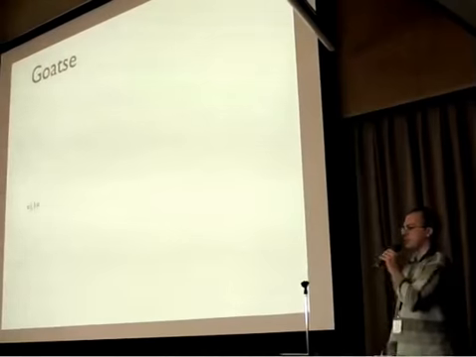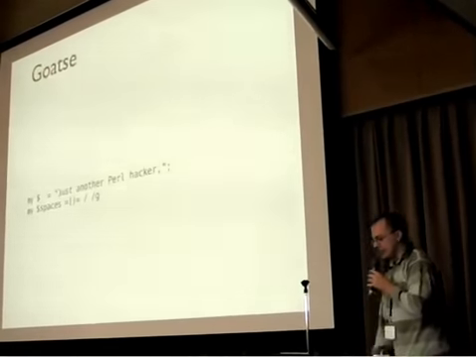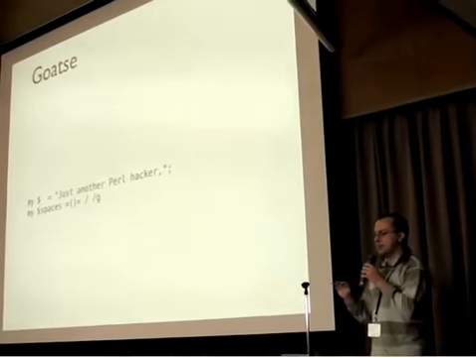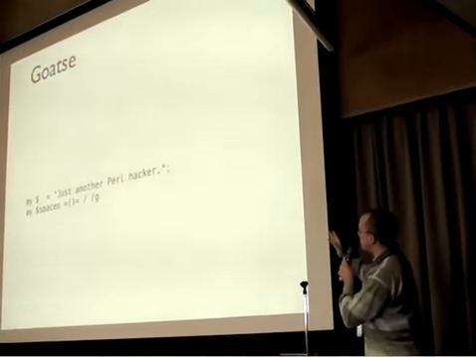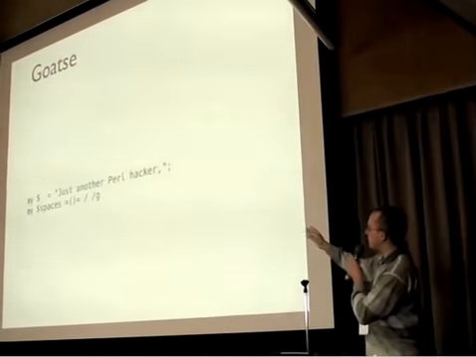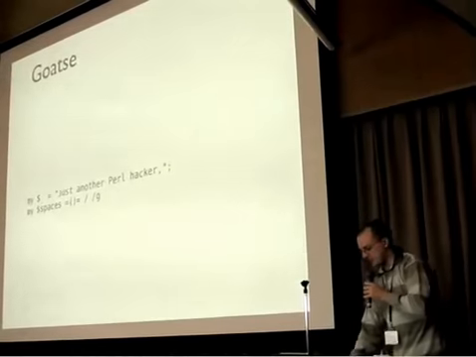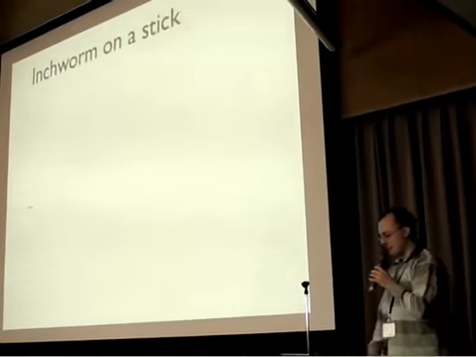The Goatse operator. Because it forces list context, it can be really, really handy. In this case, we're trying to see how many spaces are in that first variable. The inchworm on a stick.